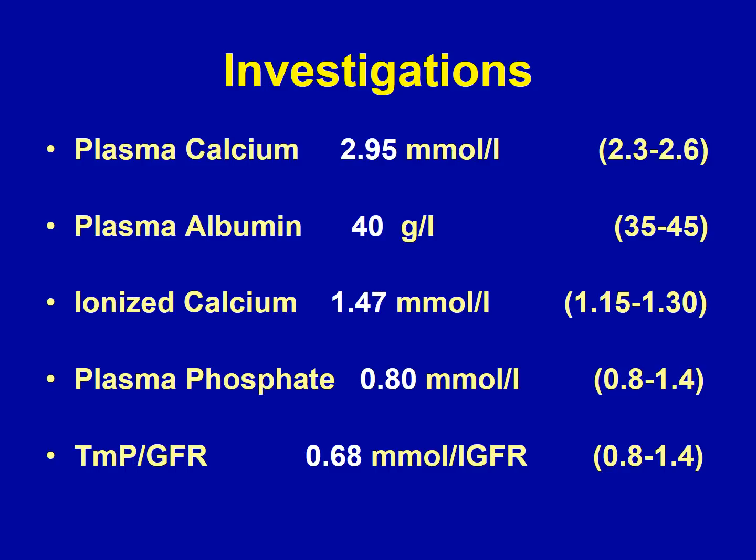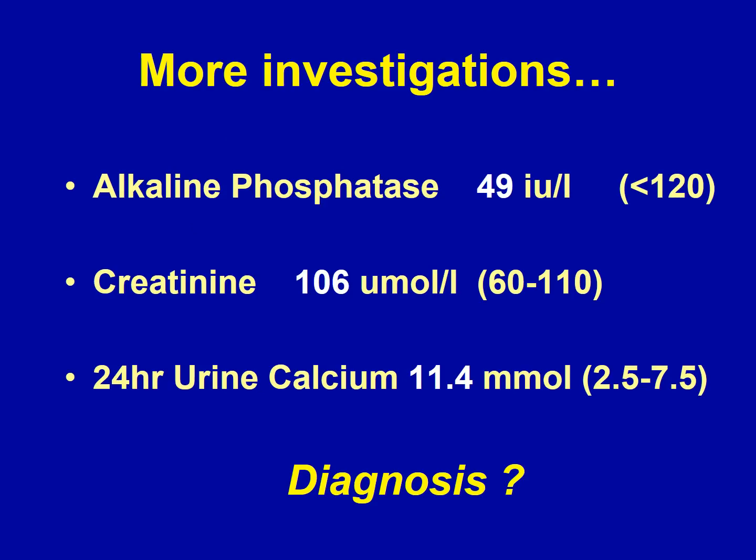So he had evidence of hypercalcemia, borderline hypophosphatemia, and renal phosphate wasting. Further investigations showed that he had normal renal function and moderately elevated urinary calcium excretion. So the question obviously is, what's going on here?